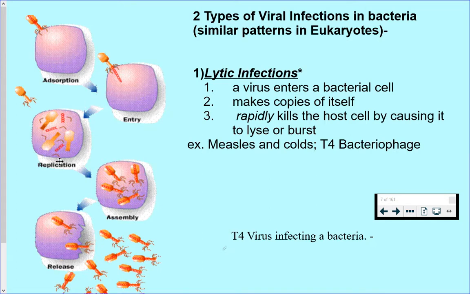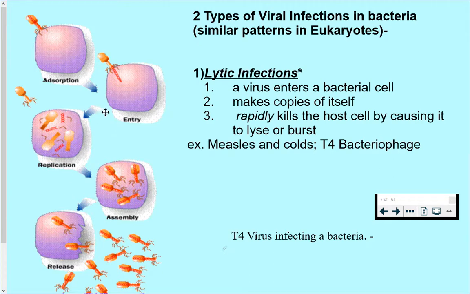And then the cell starts making copies of the virus. So the cell actually stops working and producing what it needs and starts producing little viruses. Eventually, it makes so many viruses, it bursts the cell, like we just saw in the flu video. If you stopped this presentation and watched the video I attached, you saw this happening.